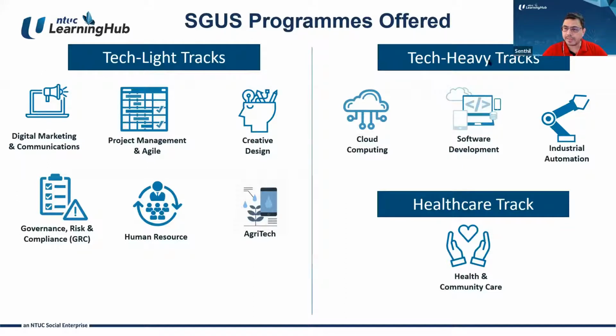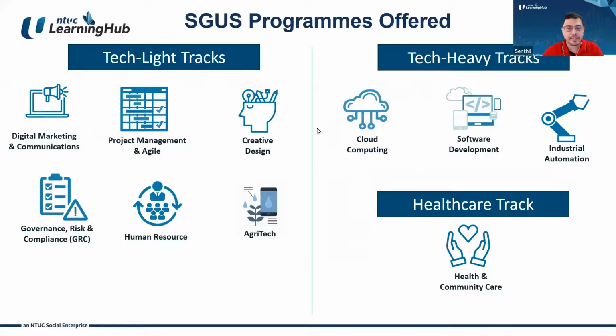Tech heavy means the participant should have a background in science, technology, engineering, or mathematics. If you want to apply for a program in these areas, say cloud computing, software development, or industrial automation, you will need a background in science, tech, engineering, or math.